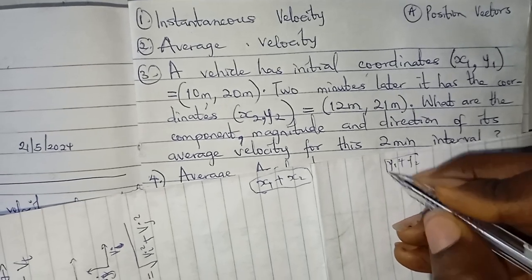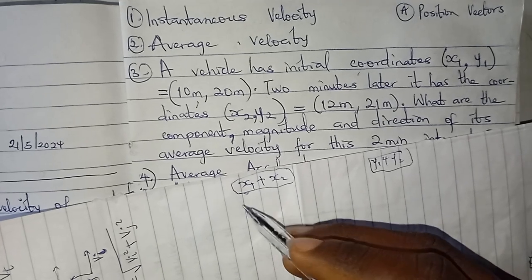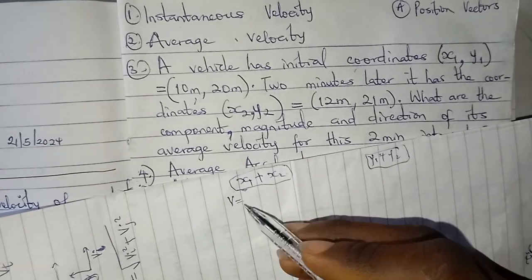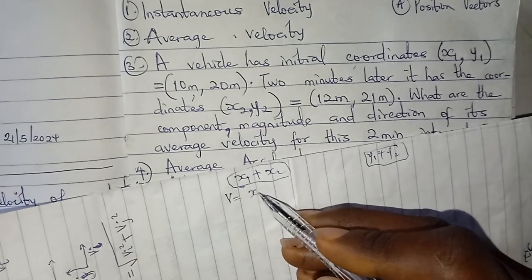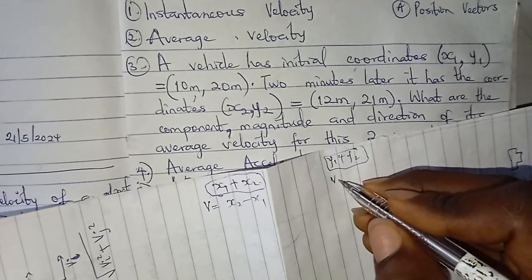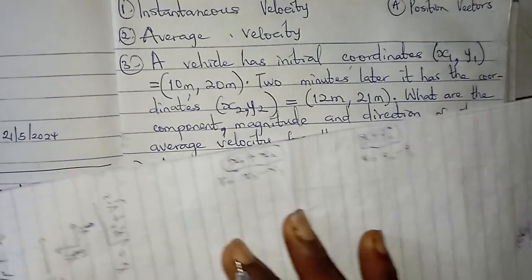That's position vector for you, take note of it. But once you talk about velocity, you start doing change in the position vectors, which is going to be x2 minus x1, and y2 minus y1. So you need to know this.